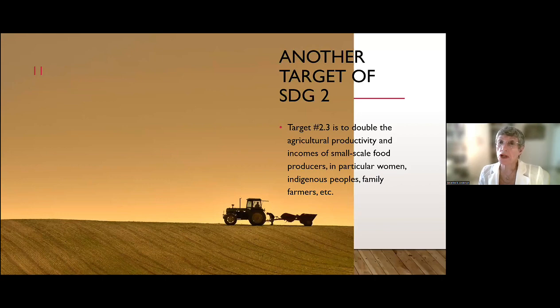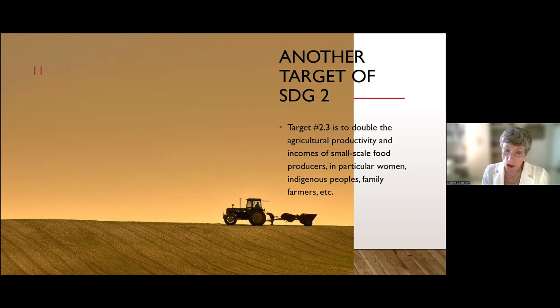Now, there's another target with SDG 2, and this is to double the output of agricultural productivity of small-scale producers, particularly women, indigenous people, family farmers, and so on. This one, however, creates a real dilemma because it focuses on the small farmer and family farms, not on large commercial farms.